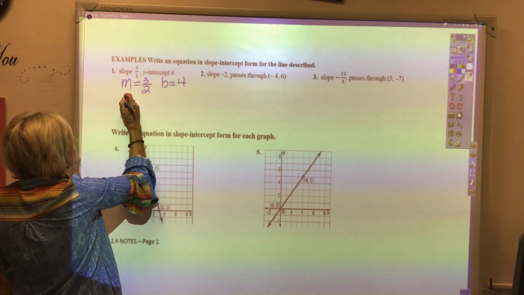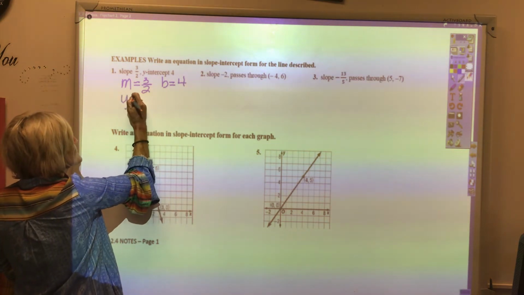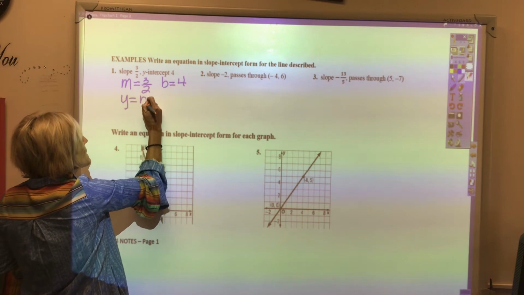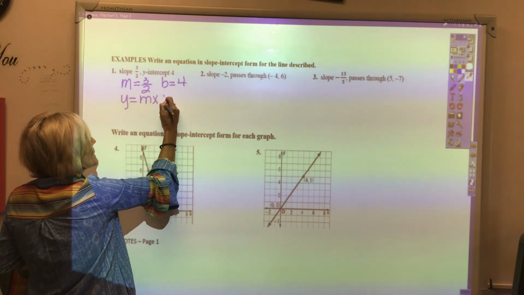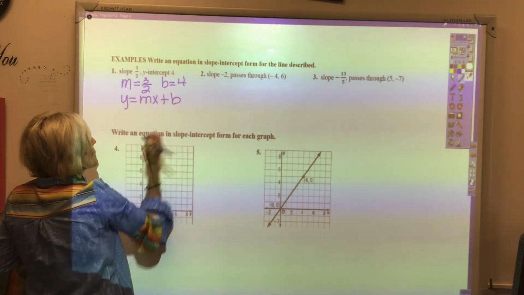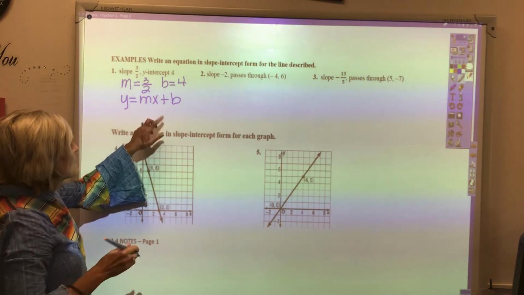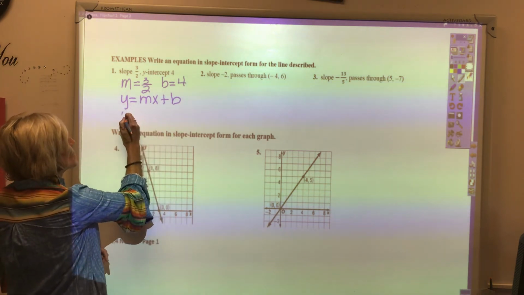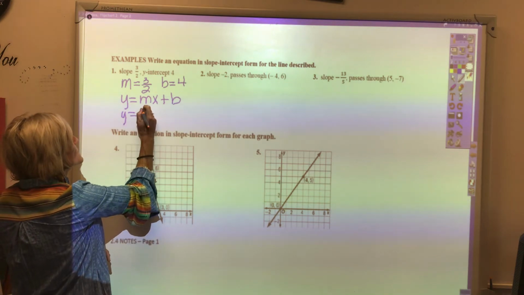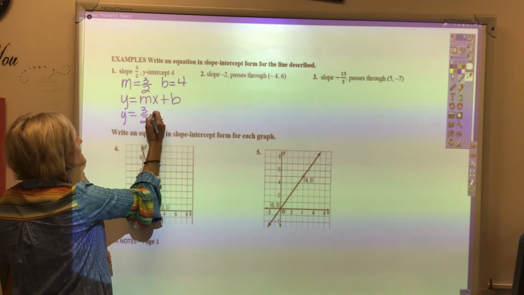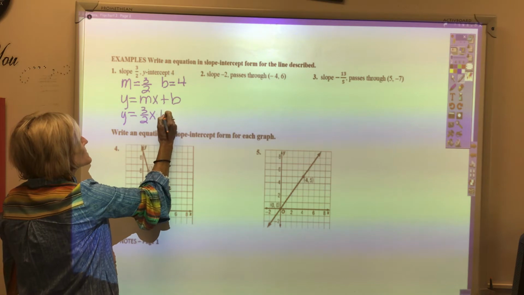Our equation, again in slope-intercept form, is y equals mx plus b. So all we have to do is substitute in 3/2 for m and 4 for b. y equals 3/2 x plus 4.